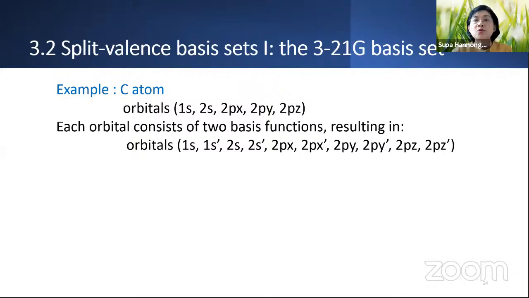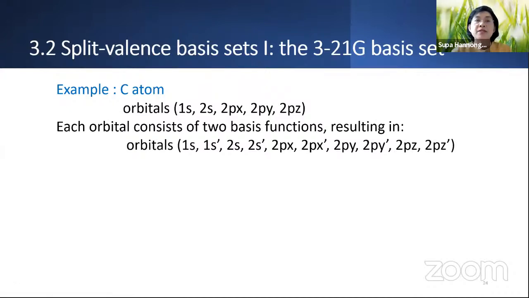Right now, for the 3-21G basis set, each orbital consists of 2 basis functions, resulting in 1s, 1s prime, 2s, 2s prime, 2px, 2px prime, 2py, 2py prime, 2pz, and 2pz prime, right?